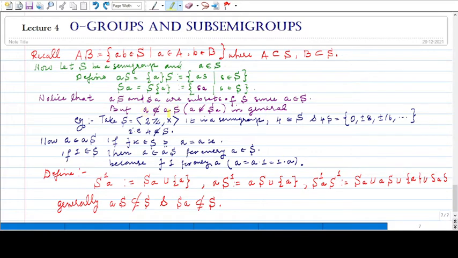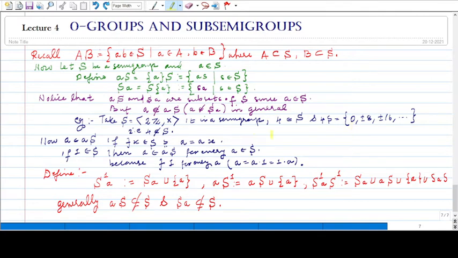I am giving you an example. If you take S equal to the even integers, with multiplication as a binary operation, it is definitely a semigroup. And you can note that 4 belongs to this semigroup. And what is 4S? 4S is 0, plus or minus 8, plus or minus 16, going like that.